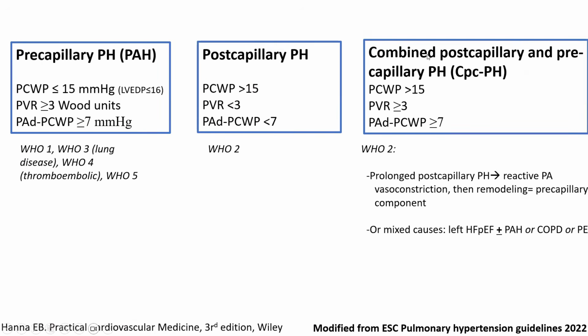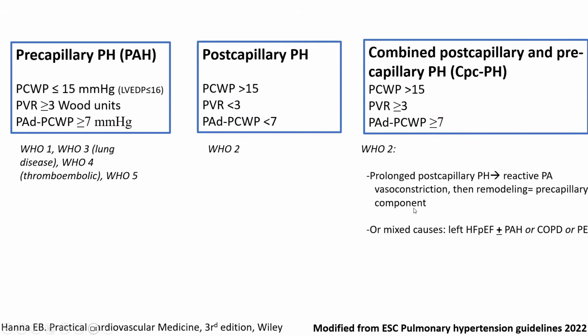And this is the definition of combined pre- and postcapillary pH. So you have a wedge pressure over 15, hence the postcapillary component, but the PVR is 3 or more, and the diastolic pressure gradient is 7 or more. And those are typically patients with WHO group 2 who have a prolonged postcapillary pH and develop reactive PA vasoconstriction, then PA remodeling, leading to that precapillary component.